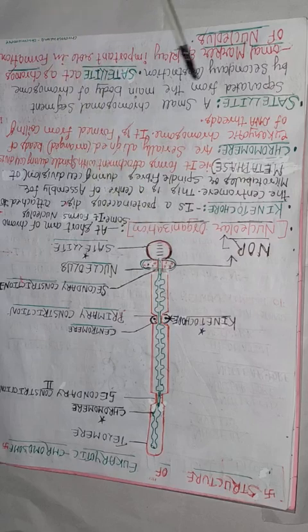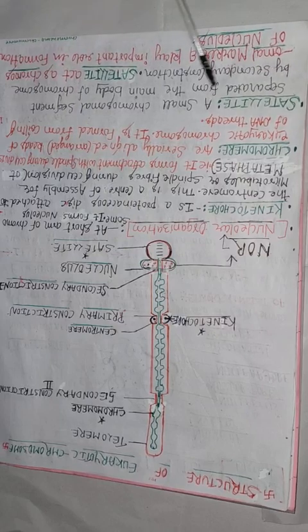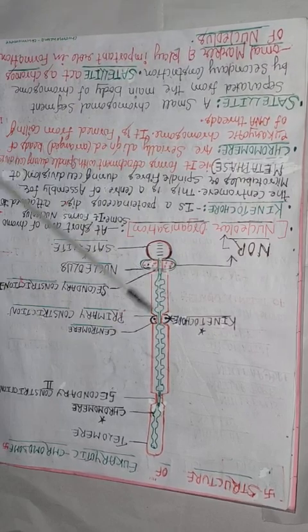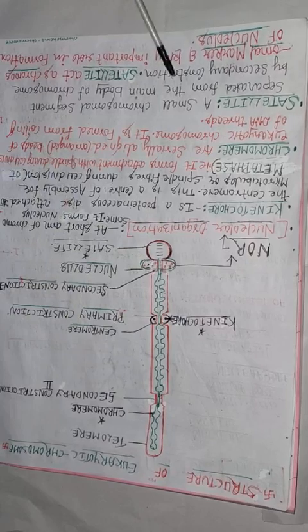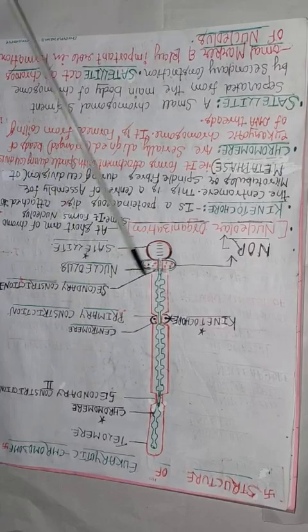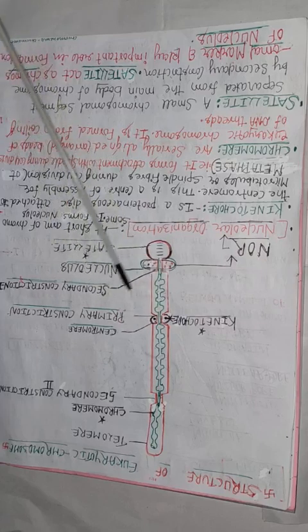A small chromosomal segment separated from the main body of the chromosome by secondary constriction. This was the primary constriction and here the secondary constriction.